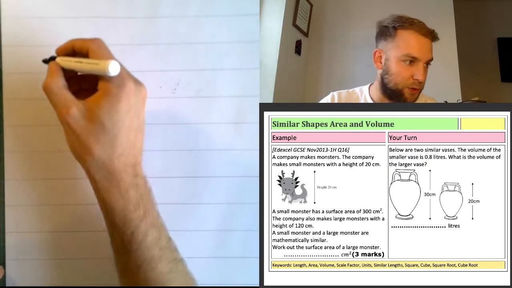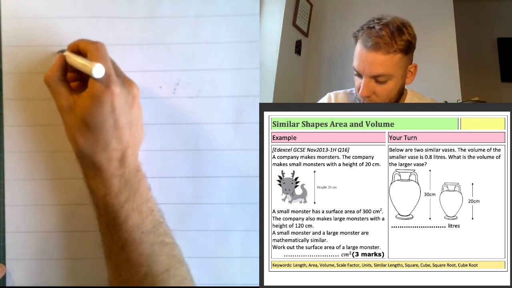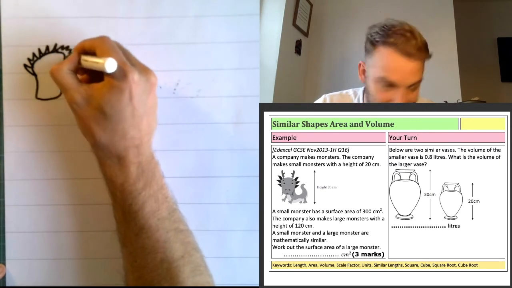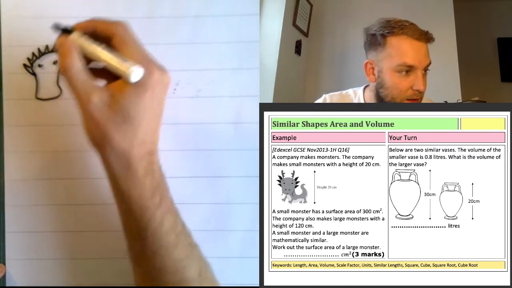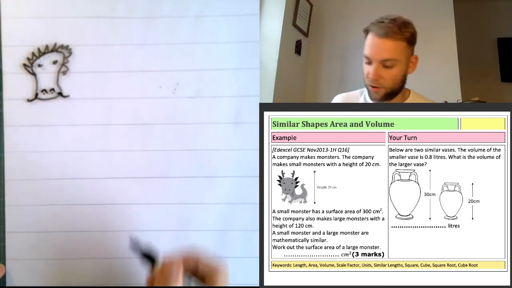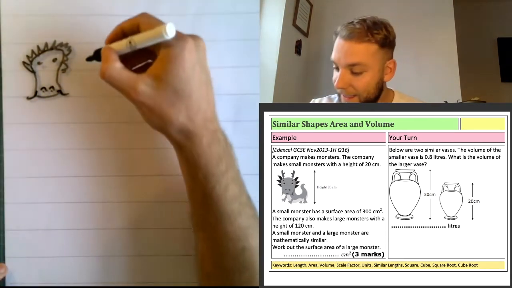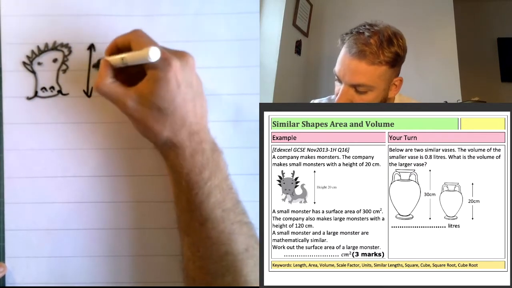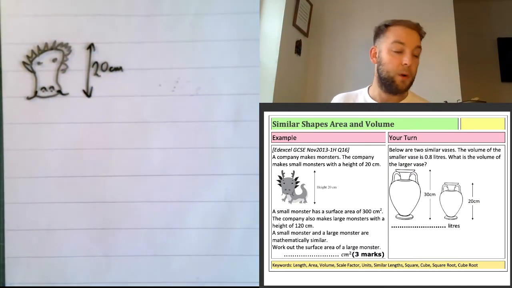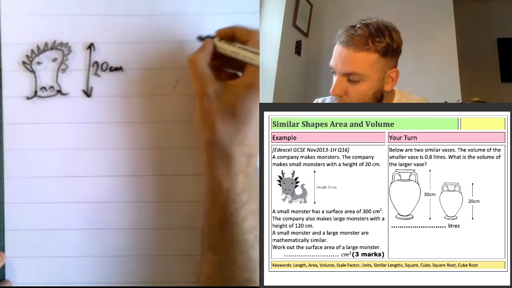So I don't know how I'm going to draw this monster. It's not going to be very good, I'm sure. So there's my monster. There it is. It's absolutely terrible. There you go. That's not too bad. So I've got this monster, and it's saying the height of this monster is 20 centimetres there, like so. But it's saying there's going to be a larger monster. I'm going to draw another monster now.